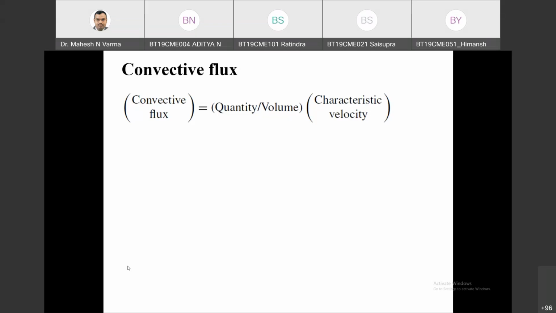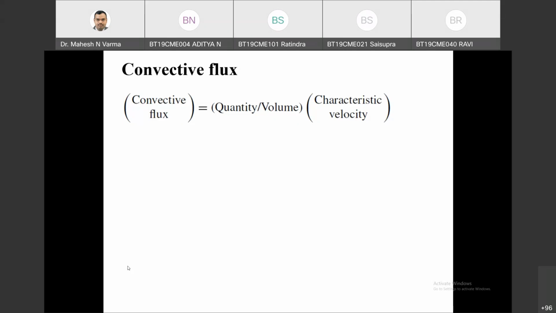Ravi, roll number 40. Yes sir. Quantity per unit volume in momentum transfer. Sir, it is shear stress. Quantity per unit volume. How can you prove? I am asking about quantity per unit volume. So you are telling that momentum per unit volume is a shear stress. Yes sir. How?